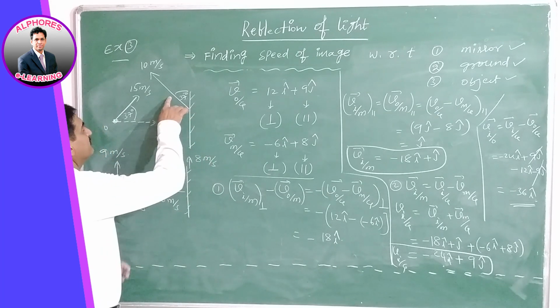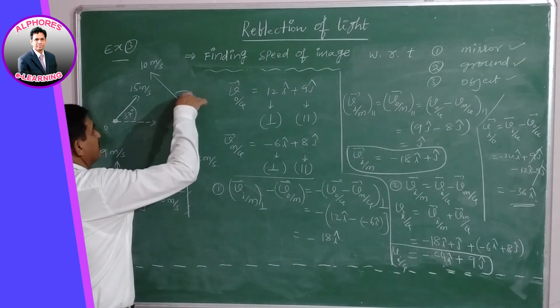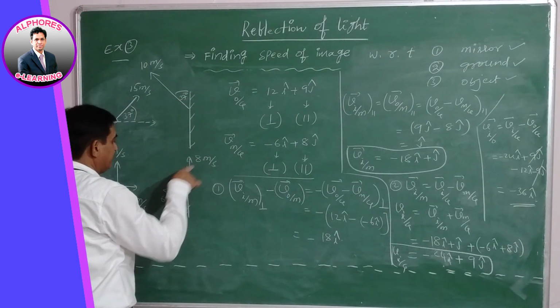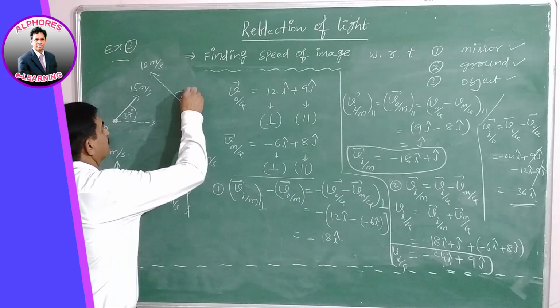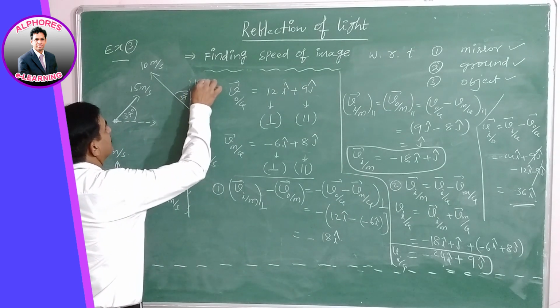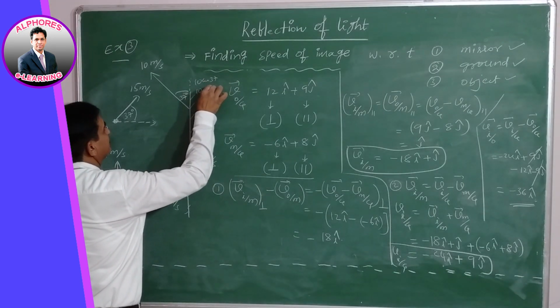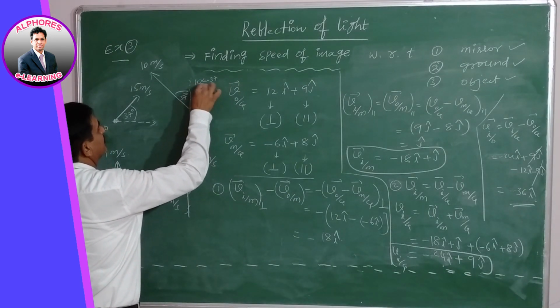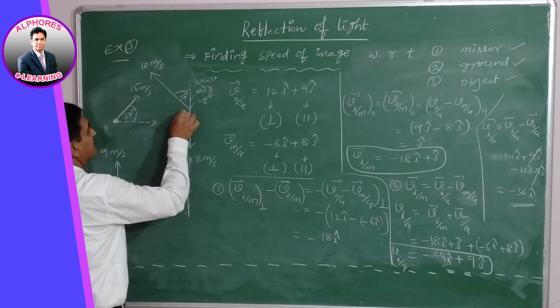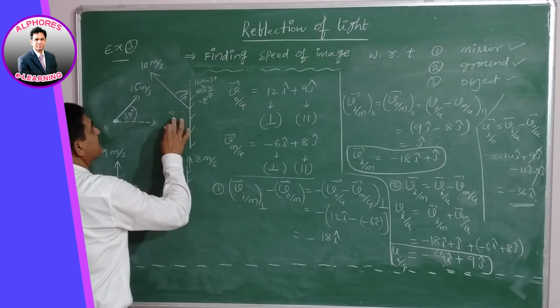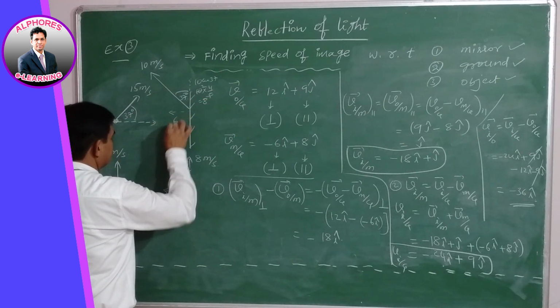So here the mirror speed is resolved into two components along the x and y directions, 8 and 6. In this direction, this is 10 cos 37, which gives 10 into 4 by 5, so this is 8. The other side is 10 sin 37, which gives 6.